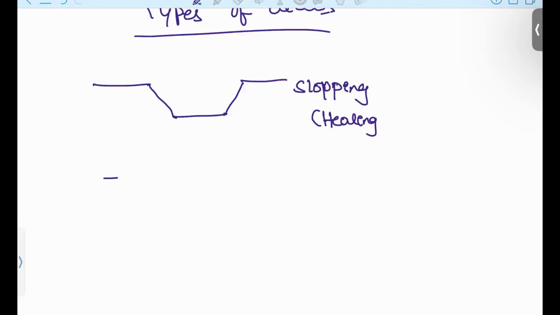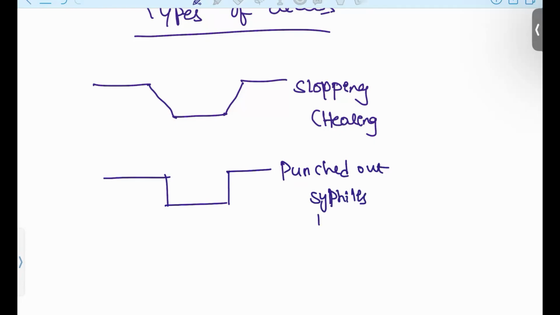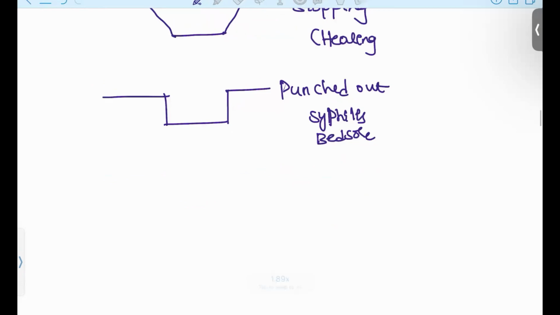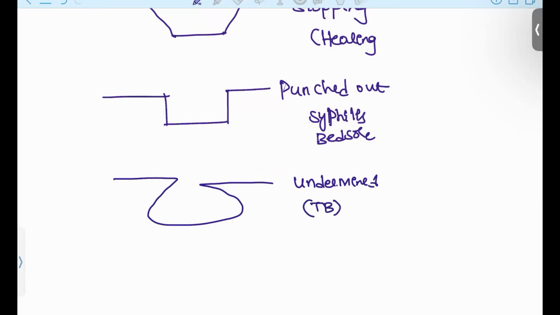And the next one is the punched out ulcer. This is seen in syphilis patients and bed sores. And undermined ulcers, this is the undermined one. It is commonly associated with TB patients.